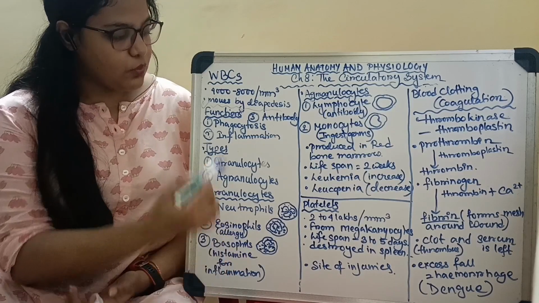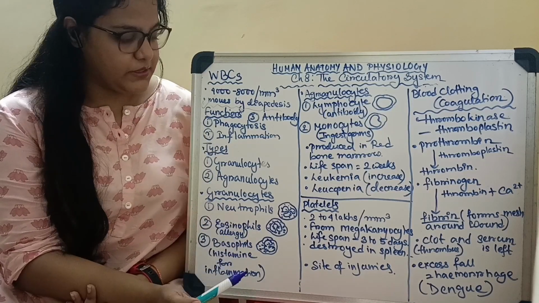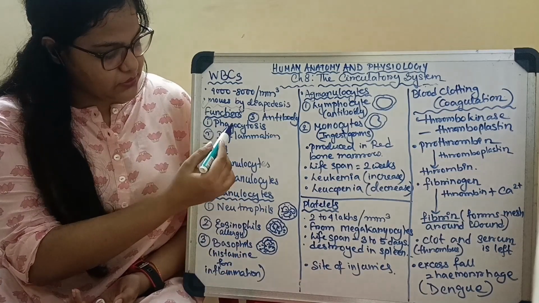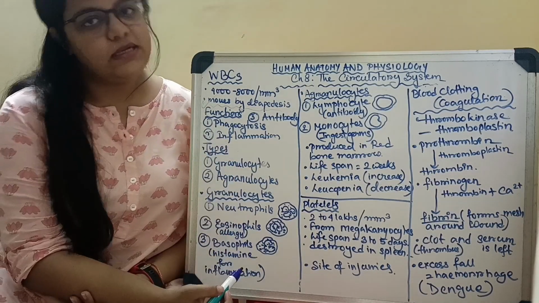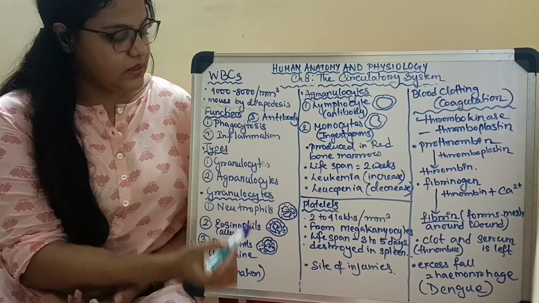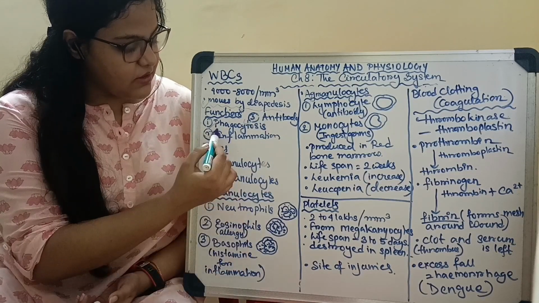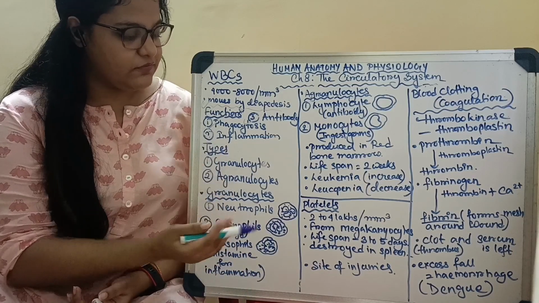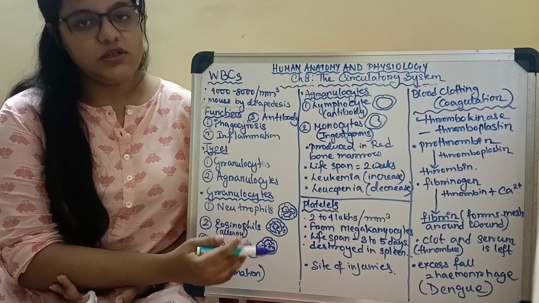Okay. Now, what are the main functions of WBCs? The main functions of WBCs are phagocytosis, inflammation, and the antibodies. Right? Now, what is phagocytosis? Phagocytosis is the process through which WBCs engulf the bacteria or the germs. Right?